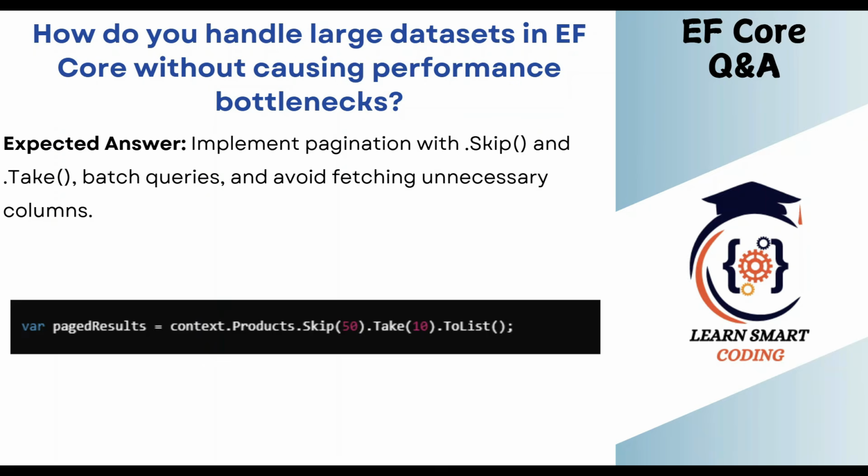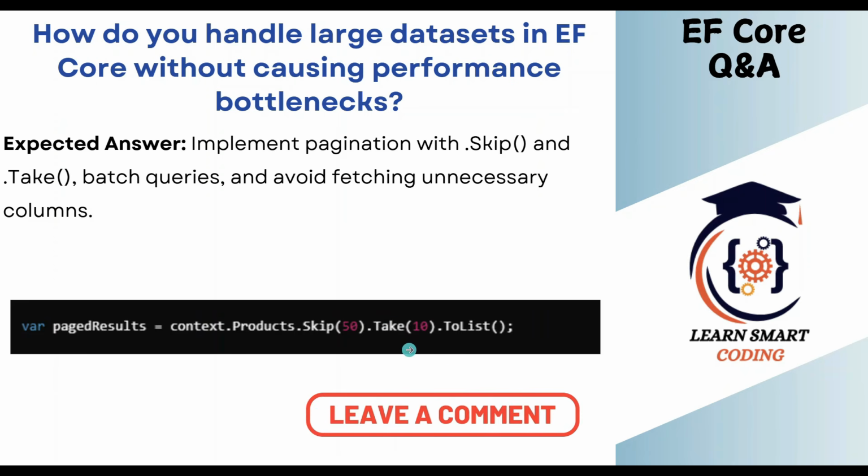So in order to get good performance out of a huge data set, there are Skip and Take, which are inbuilt LINQ methods. You can apply those and filter only that particular record set. For example, skip the first 50 records, take the next 10 records, so 51 to 60. It's like pagination, right? You're on the 6th page, each page displaying only 10 records. So you can use these kinds of methods to get a particular data set using EF Core.